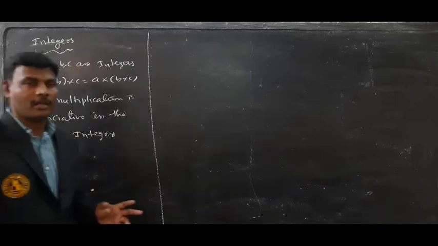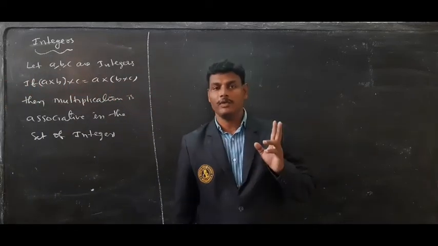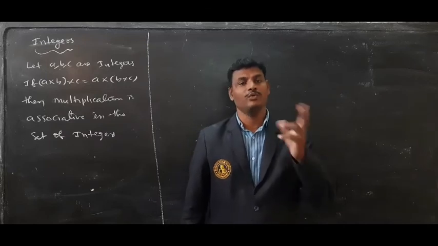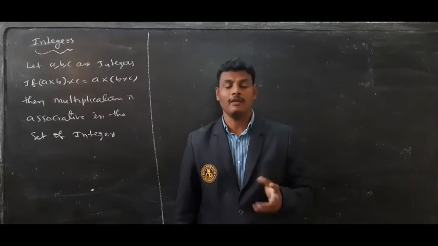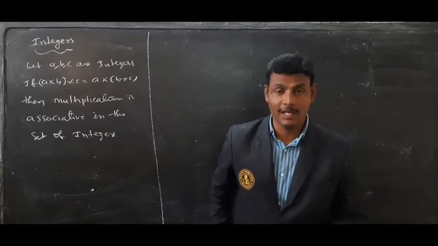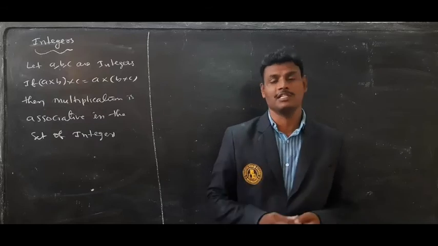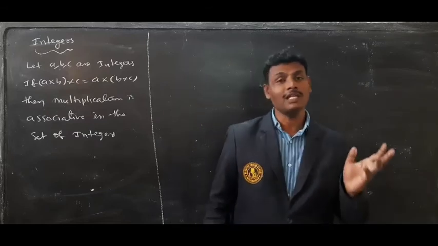Let a, b, c be three integers. If the product of (a × b) × c and next a × (b × c) both are equal, we can say multiplication is associative in the set of integers. Now I am going to take some examples.